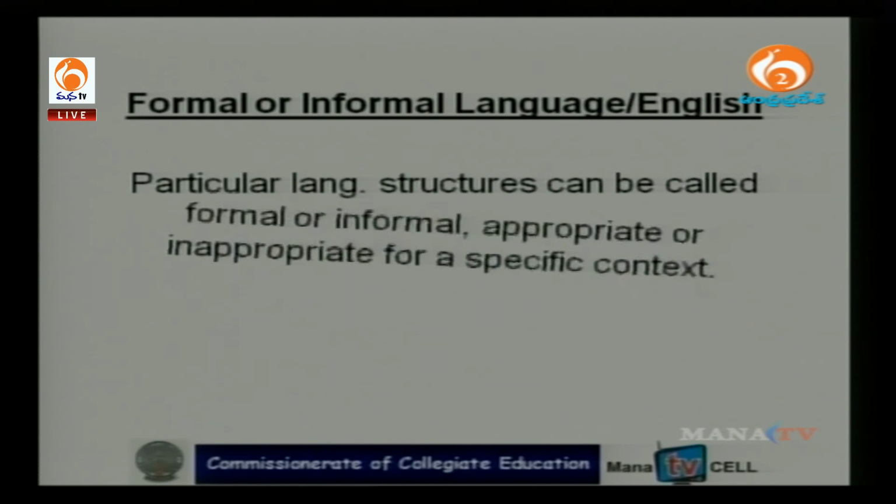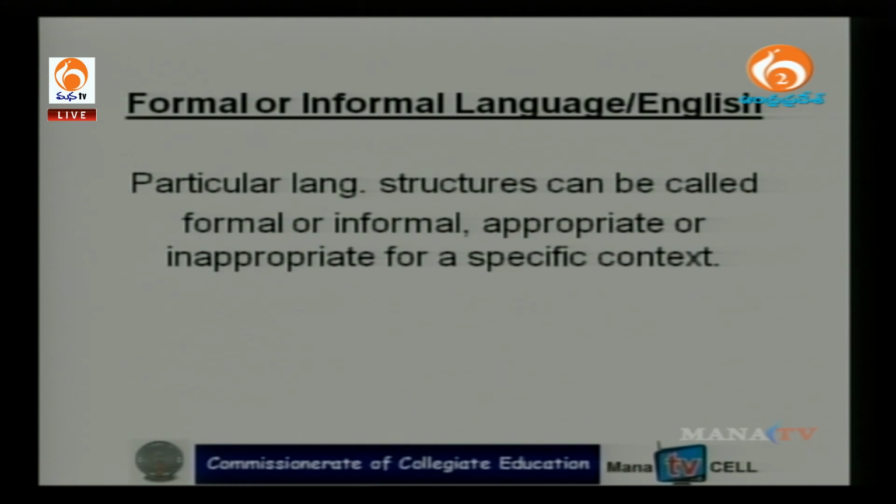Now, let us come to the topic of formal or informal language. What is formal language? Particular language structures can be called formal or informal, appropriate or inappropriate for a specific context.